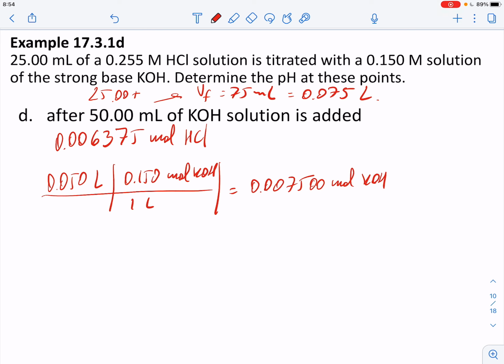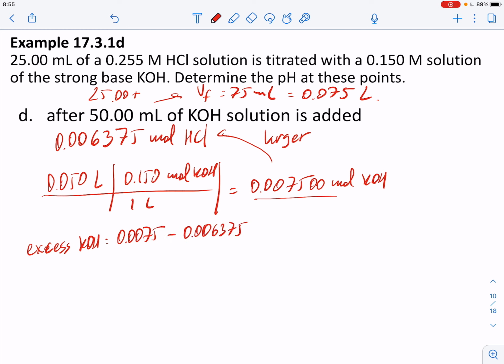Now we are past the equivalence point, and we know that because this number is larger than the initial acid, so the excess KOH is going to be 0.0075 minus 0.006375, and this is equal to 0.001125.